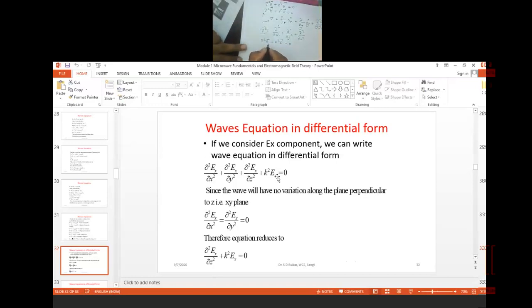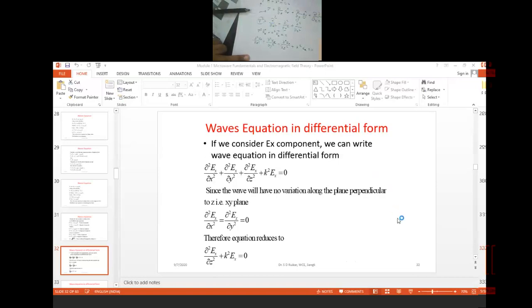The electric field is in the x direction, so we can write dou square Ex by dx square plus dou square Ex by dy square plus dou square Ex by dz square, plus the propagation factor times Ex, equal to 0.